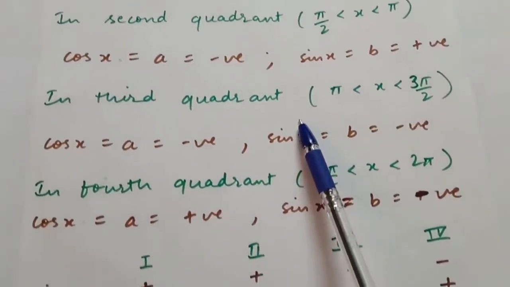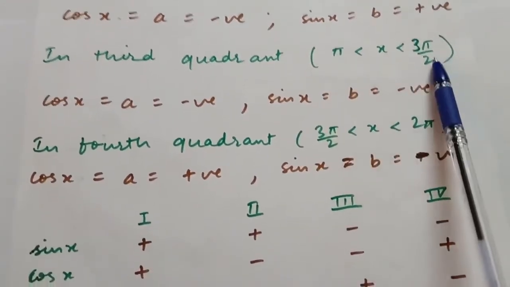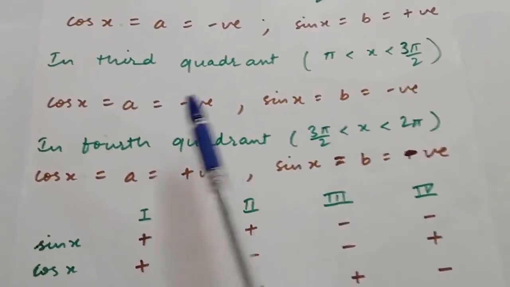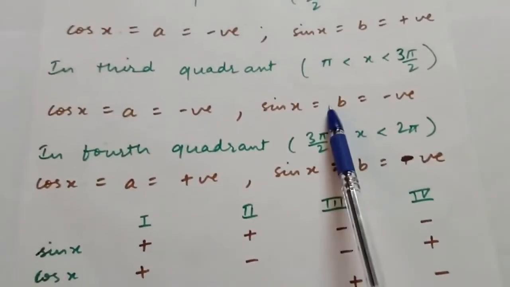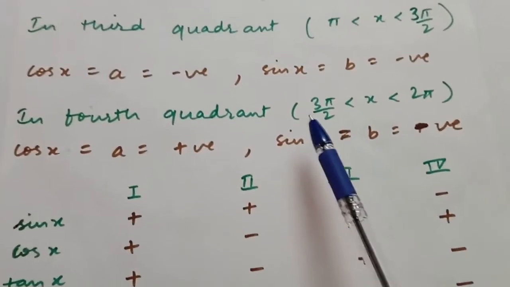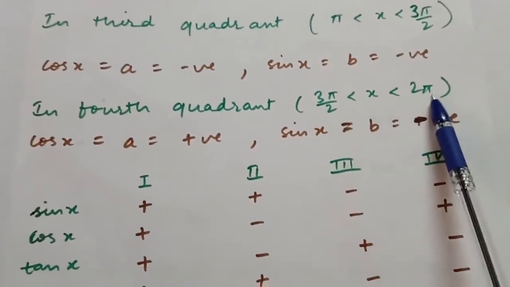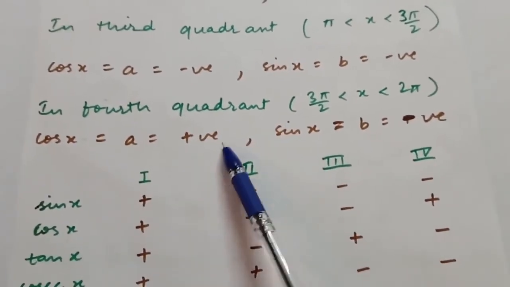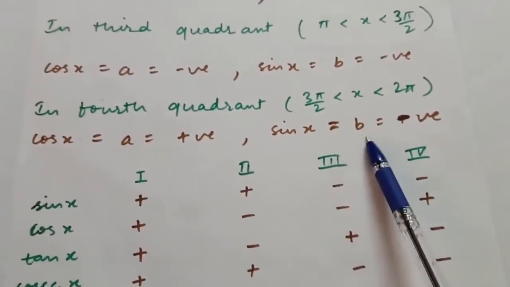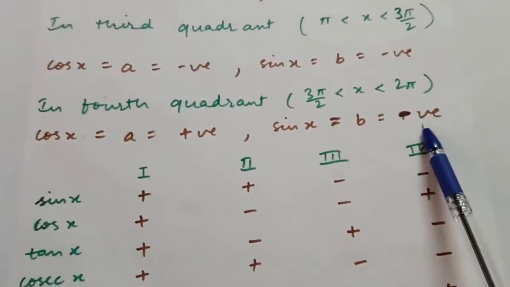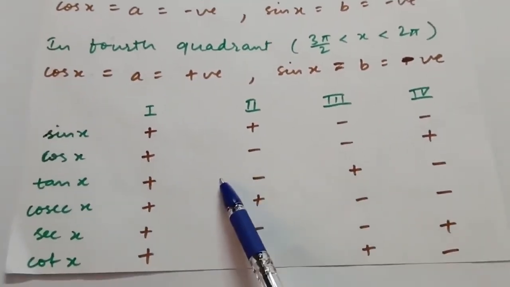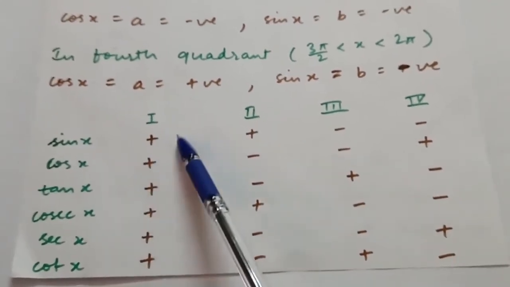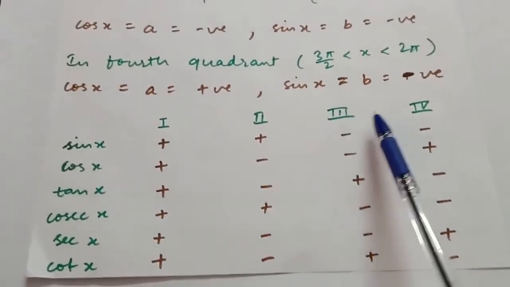In third quadrant, from pi to 3 pi by 2, A and B both are negative, therefore cos x and sin x both will be negative. In the fourth quadrant, from 3 pi by 2 to 2 pi, cos x, which is equal to A, is positive, and sin x, which is equal to B, will be negative. Clear?